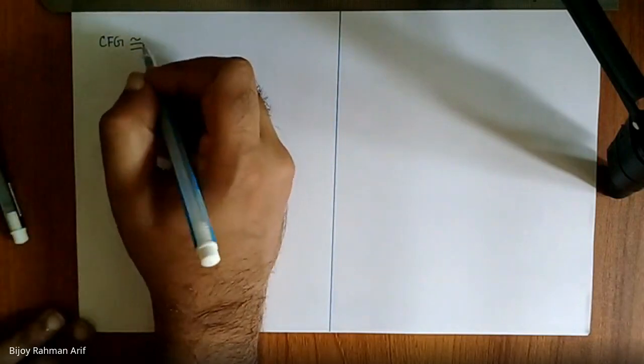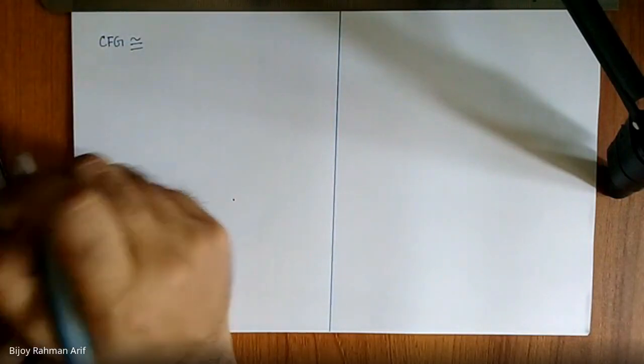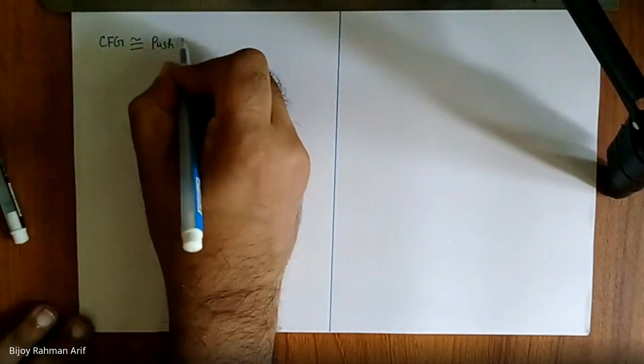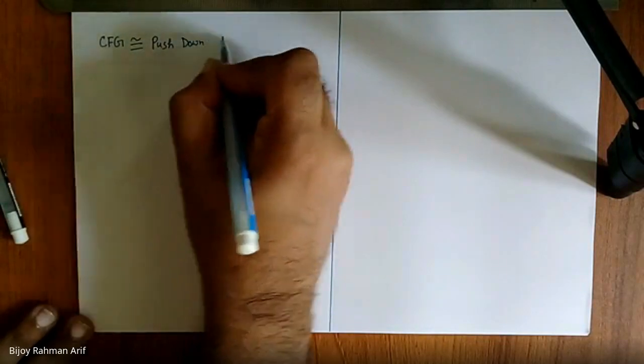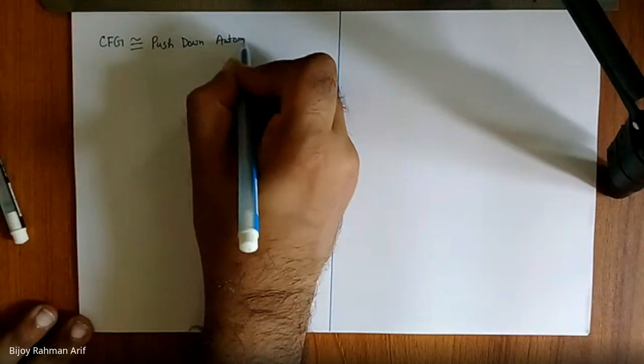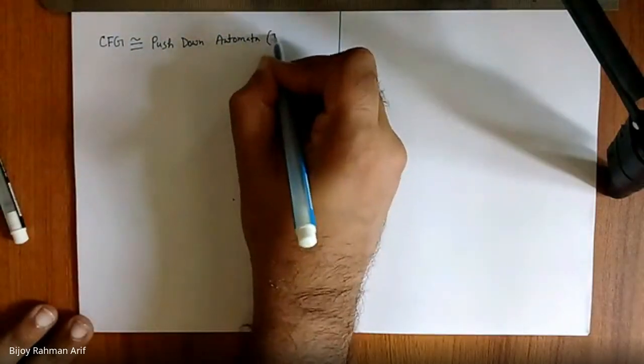What is the name of that one? Push down automata. It is also called PDA.